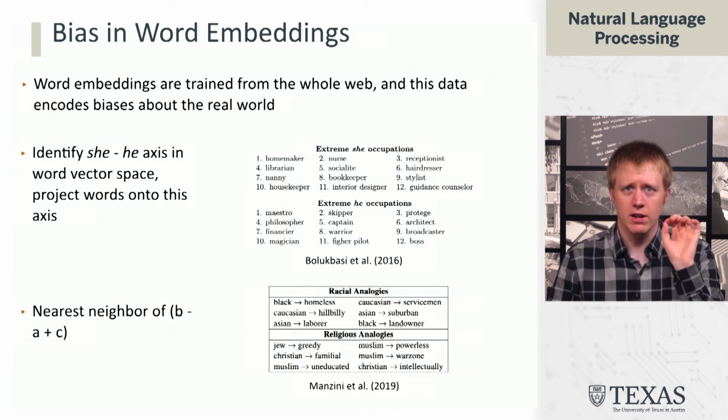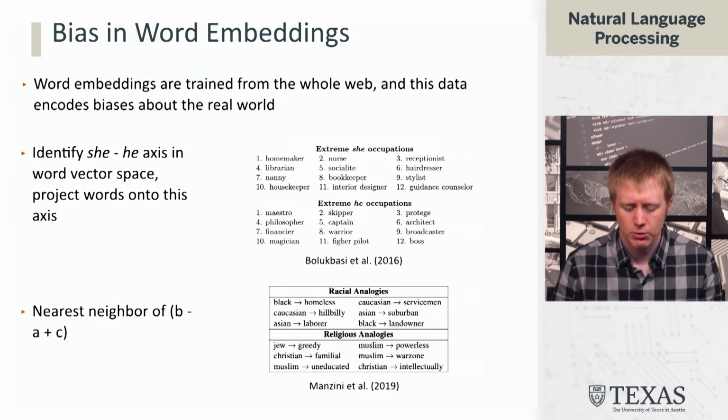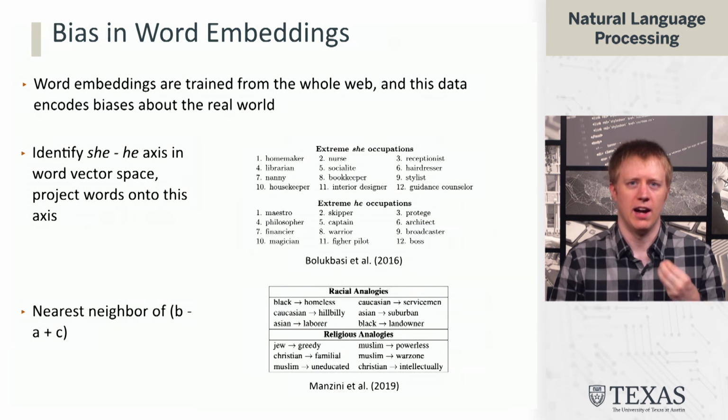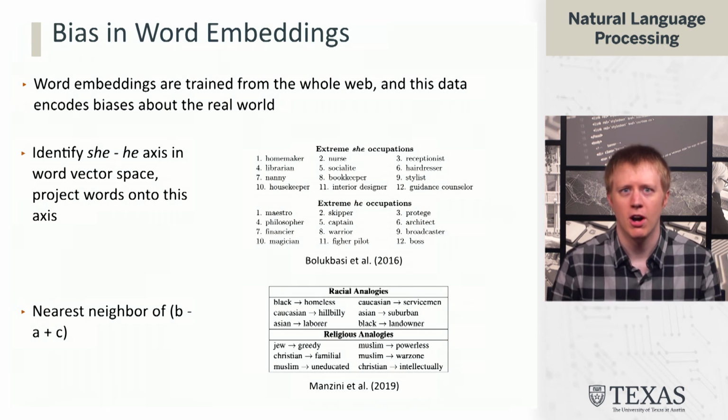And we can look at words that are most heavily associated with she and most heavily associated with he, and we find that the occupations, once we filter these words to just be occupations, reflect stereotypes about what historically men and women have tended to do in society. For example, homemaker is one of the most extreme she occupations.